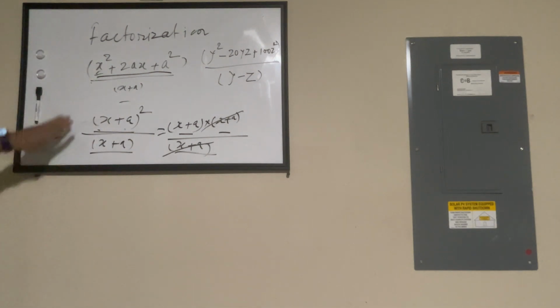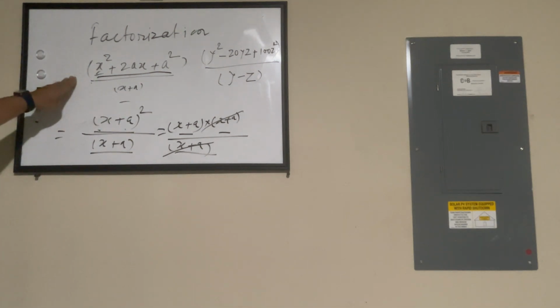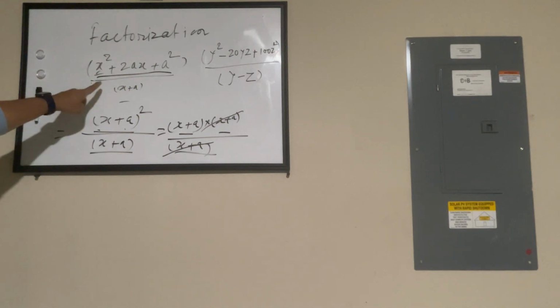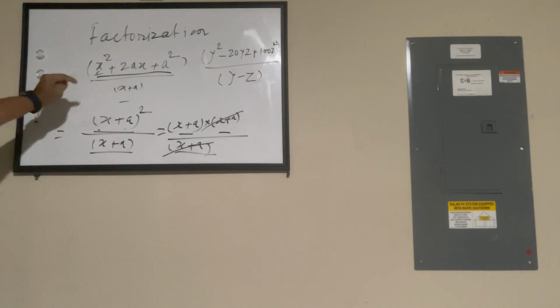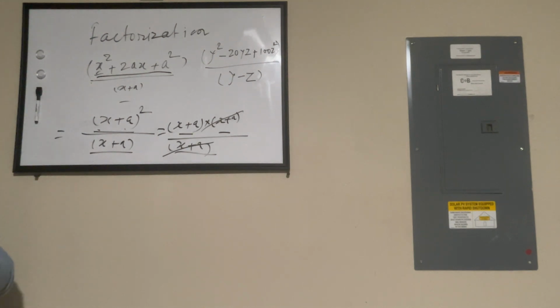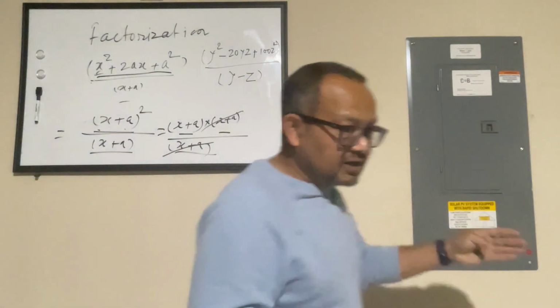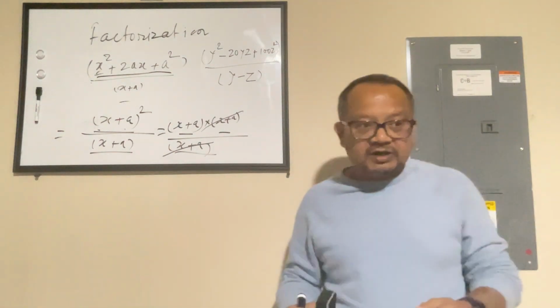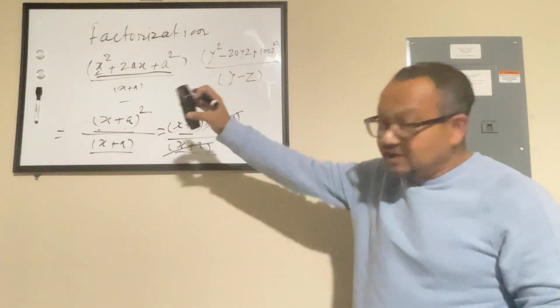Before I started, I was thinking, okay, this looks like x plus a squared. Like the same formula I was saying yesterday. First, trust that you can solve it. Then you analyze. Then you read the question again and again.